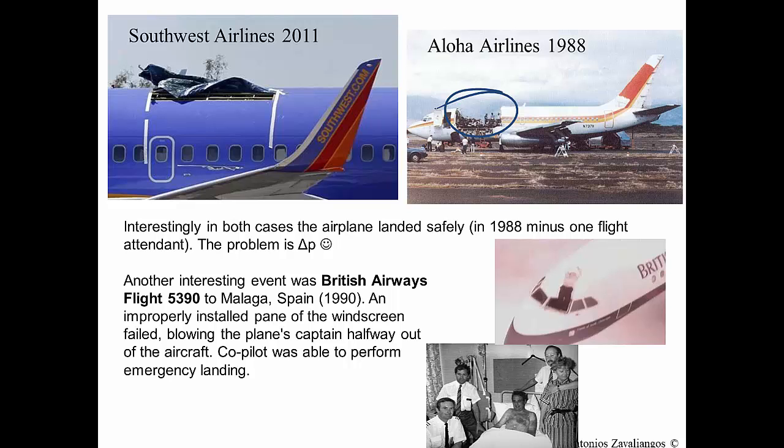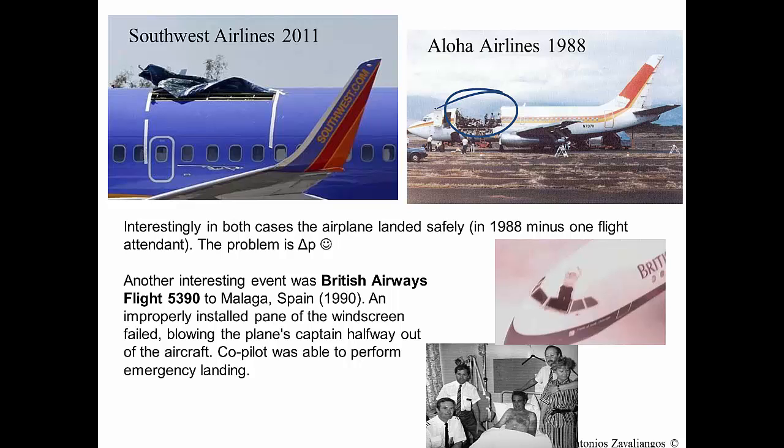There were 2 deaths associated with this accident, because I believe it was a hostess and one of the passengers that was not using a seat belt, that were essentially sucked out of the airplane because of the pressure difference. So the moral of the story is not just know your fracture mechanics, but also put your seatbelt when you're flying on an airplane.